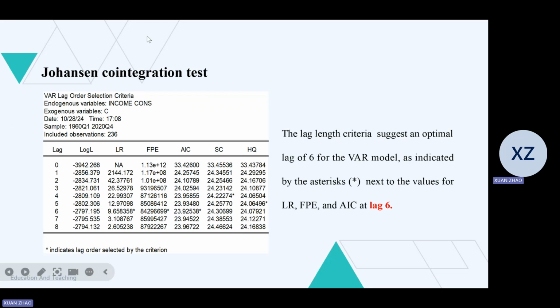As shown in the figure, when the lag is 6, the criteria choose this lag order, because you can see the star. So the lag length criteria suggest an optimal lag of 6 for the VAR model.